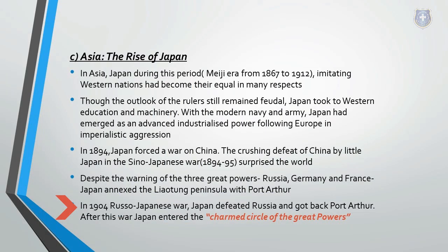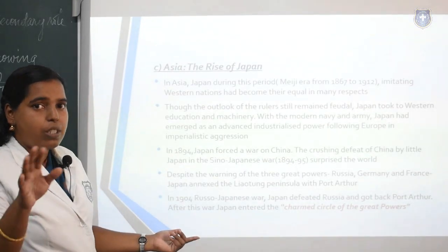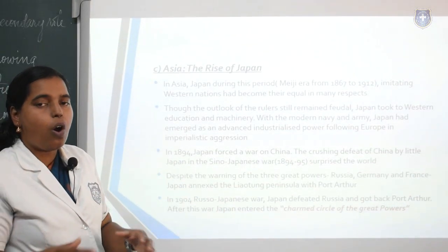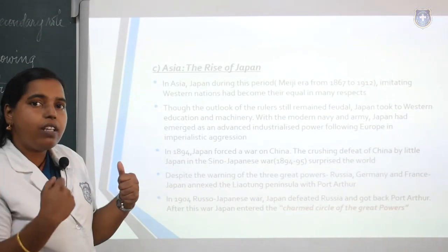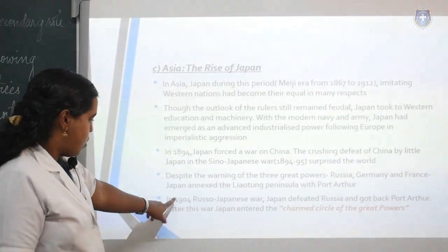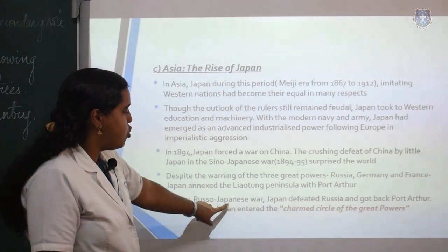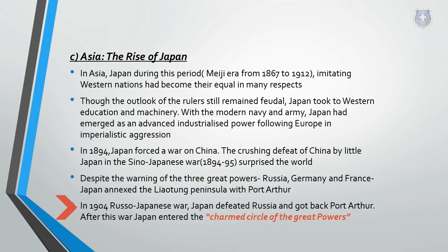Against Russia means Russia would be allied with or supported by other European countries also. Already Russia is a very big country compared to Japan. But still Japan is not looking at its size, but believing in its ability and power. That made the Russo-Japanese War, where Japan defeated Russia, and it got back Port Arthur.